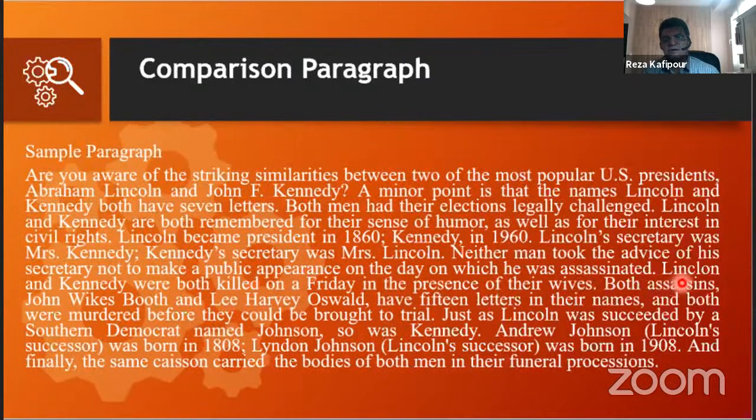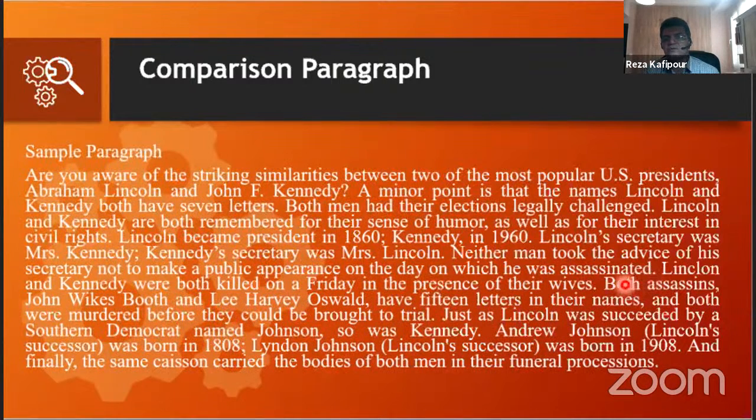So next one, Lincoln and Kennedy were both killed. Again, using and both, the structure and both to show similarity. Were both killed on a Friday in the presence of their wives. Next major supporting sentence, both assassins, John Wilkes Booth and Lee Harvey Oswald have 15 letters in their names.